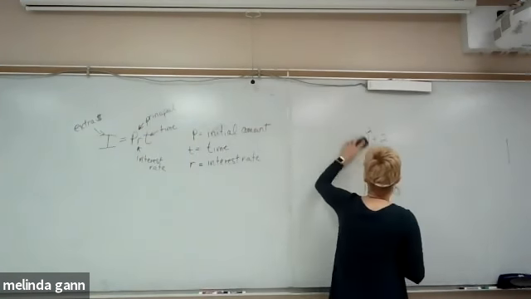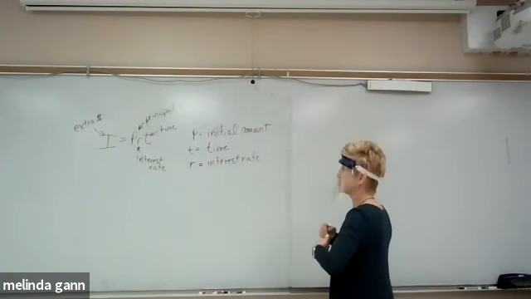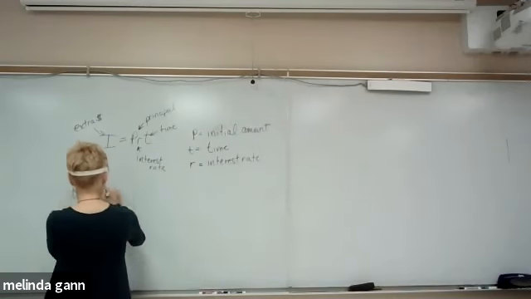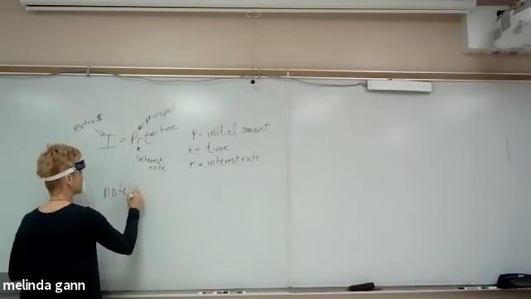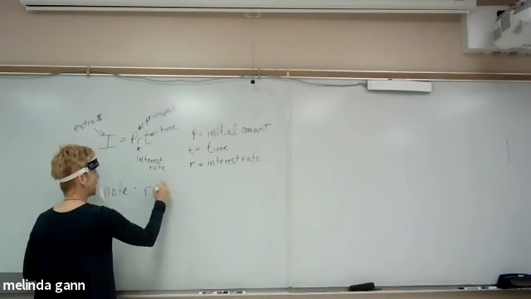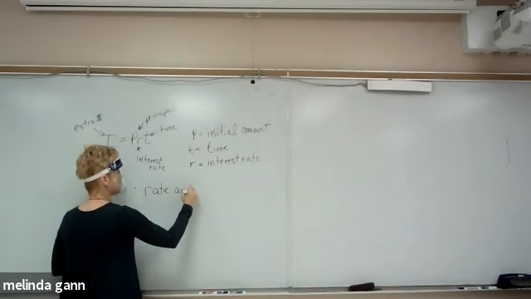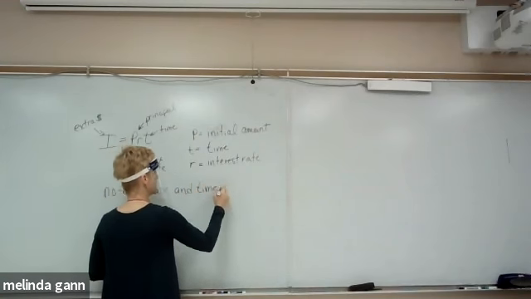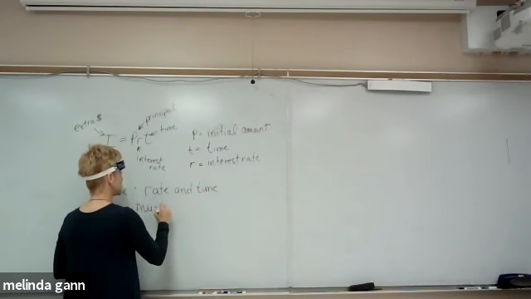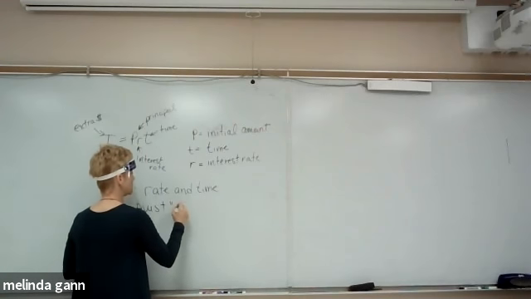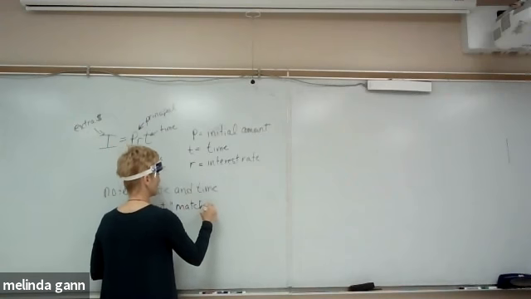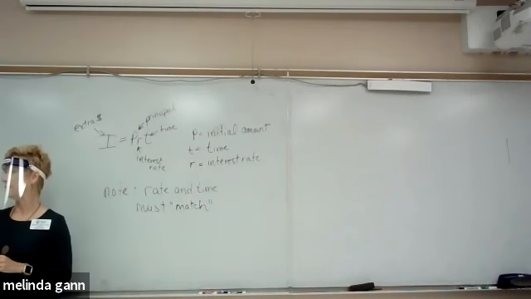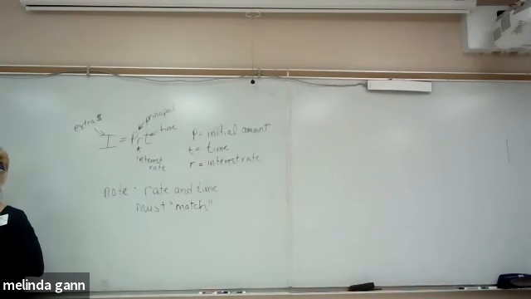Now, we have to have things alike, so I want you to kind of write yourself a note. The rate and the time must, in air quotes, match. The rate and the time must match. Now, what do I mean by that?